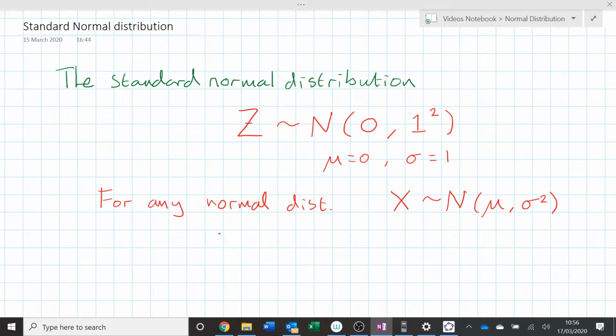If I take X and subtract from every value in that distribution mu, that's a translation by mu, and I divide by sigma, this becomes the standard normal distribution.